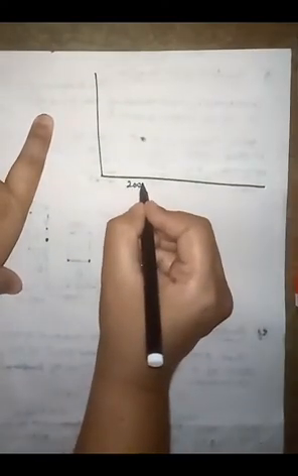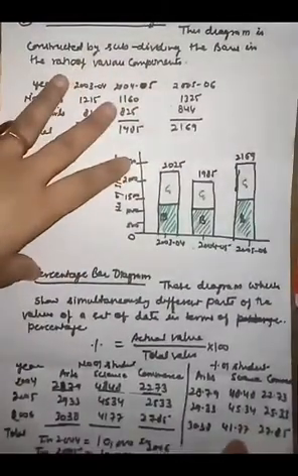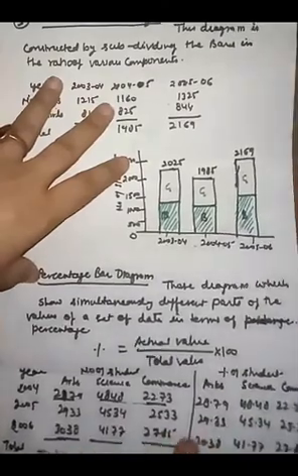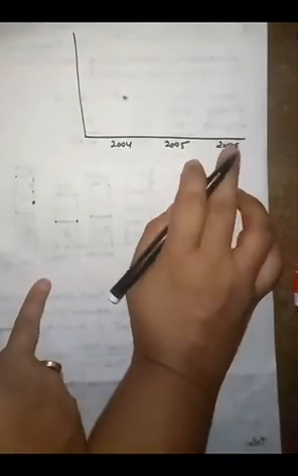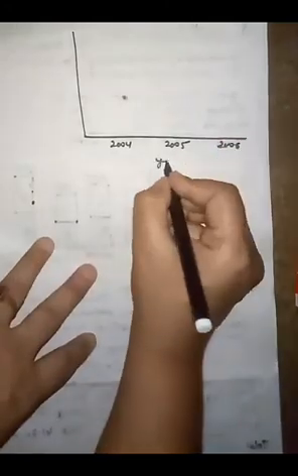So this is year 2004, 2005 and 2006. Here we take years, and here we take the number of students in percentage form.